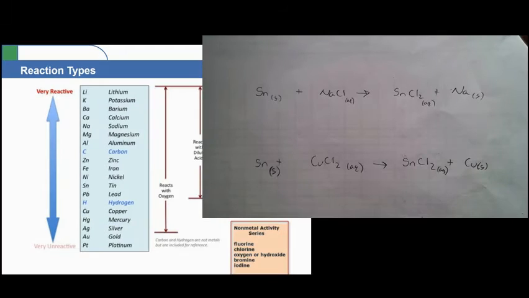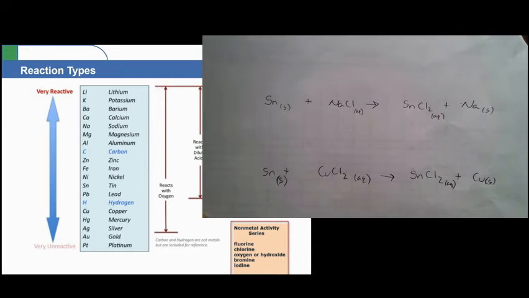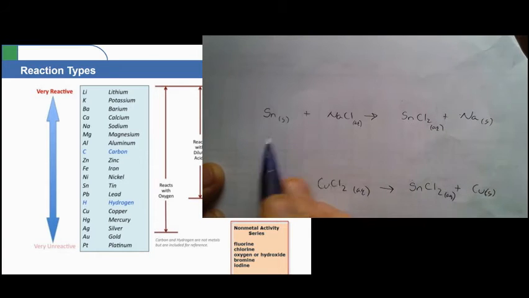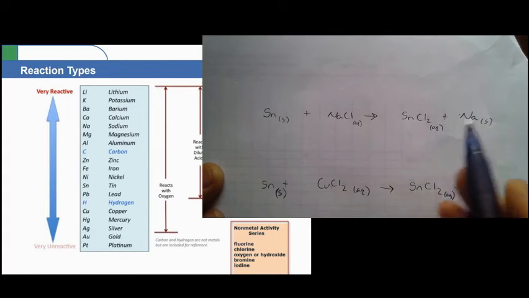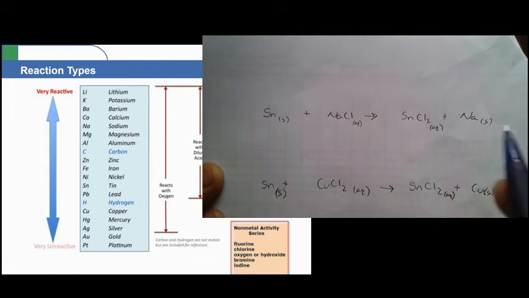Now, I want to show you just some brief examples of some problems that you might come across dealing with activity series, being able to predict, will a chemical reaction actually occur? So, for example, we have this guy right here, where perhaps solid tin might replace sodium in sodium chloride to produce tin 2 chloride and sodium metal.